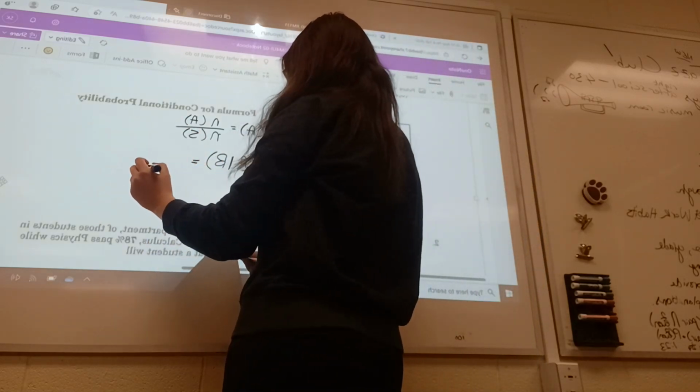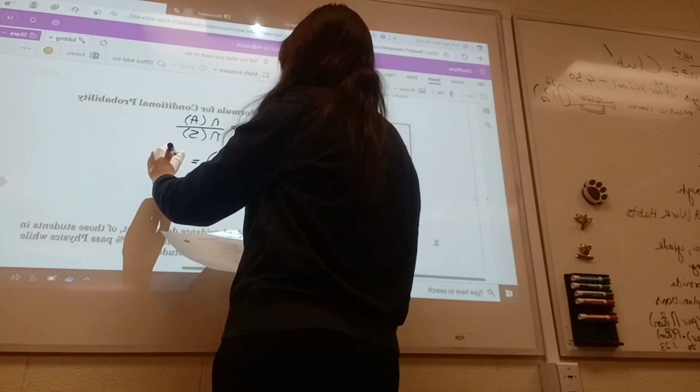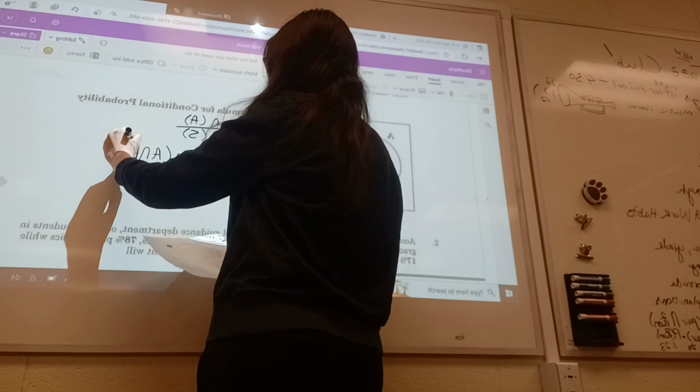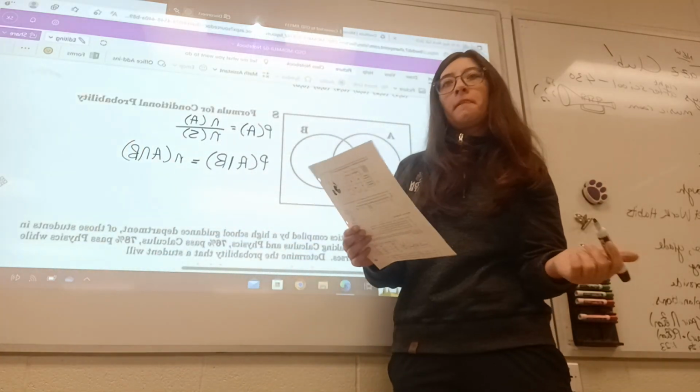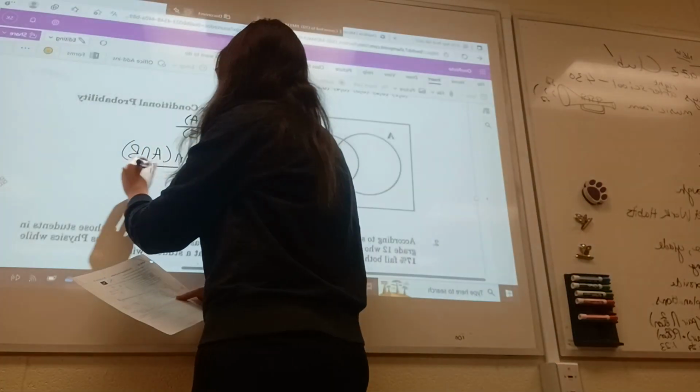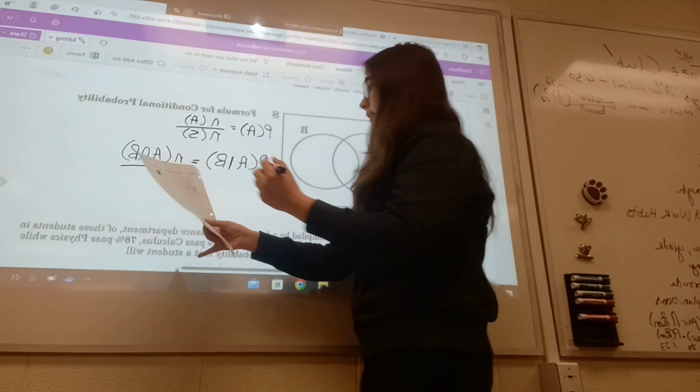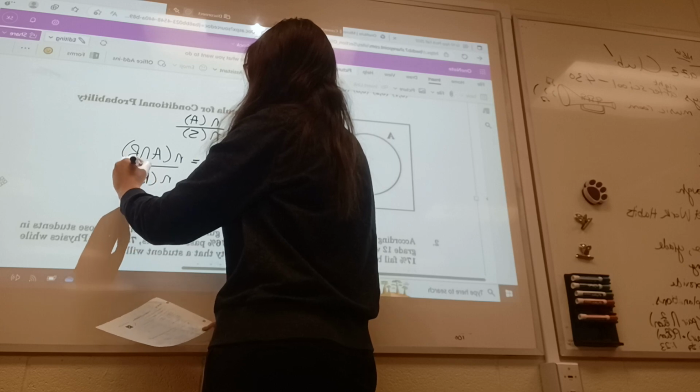equals the number of ways event A and B can happen together divided by the number of ways event B can happen by itself.